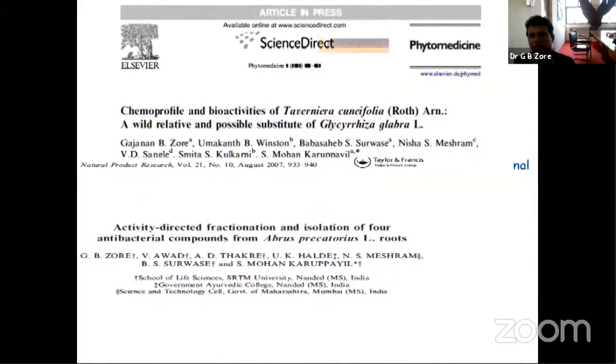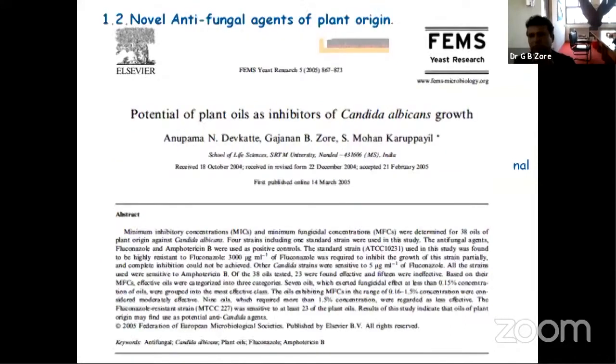So we tried to understand how exactly these molecules are inhibiting growth of fungal pathogens, especially Candida albicans.